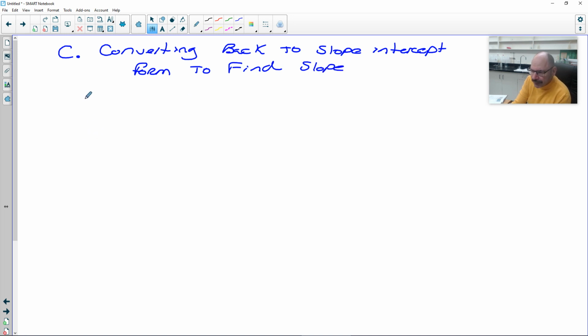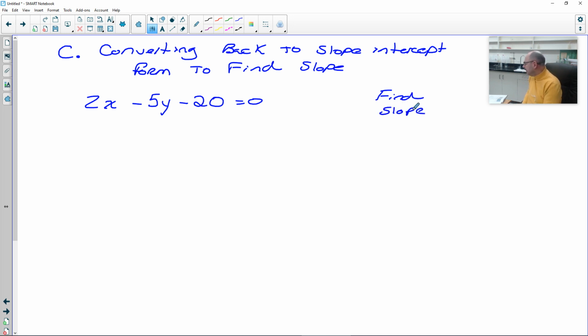Okay, so if you had, let's say, 2x minus 5y minus 20 equals 0, and I said find slope. Okay, it's really simple. Just isolate the y to one side. So I'm going to isolate the y to the right.